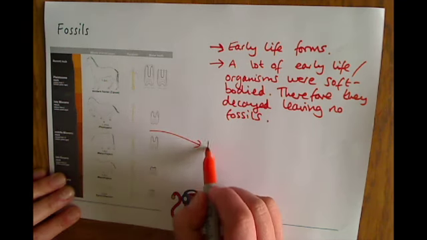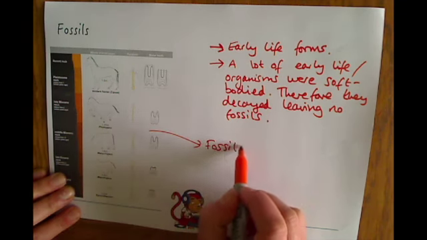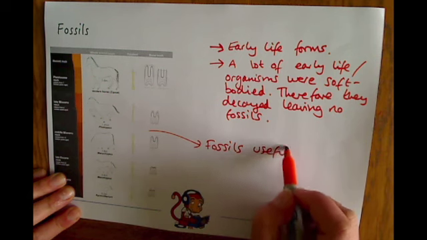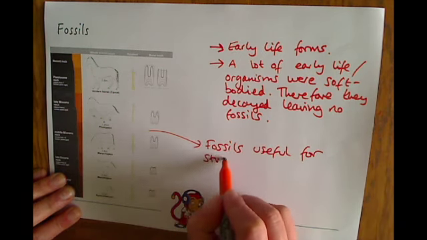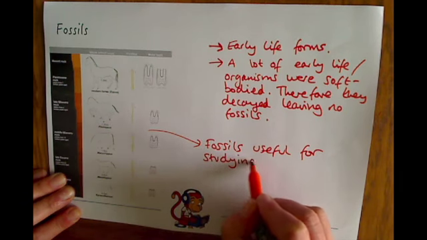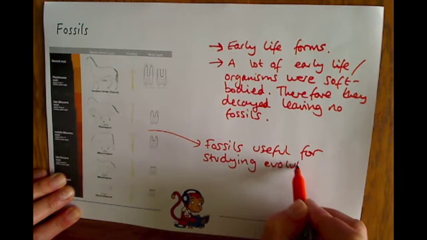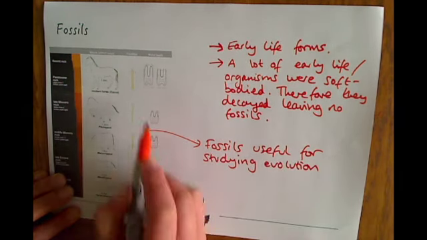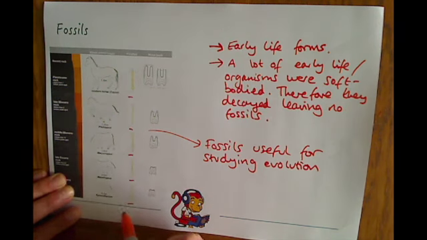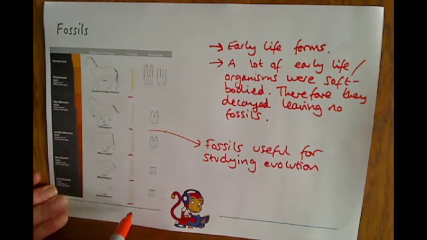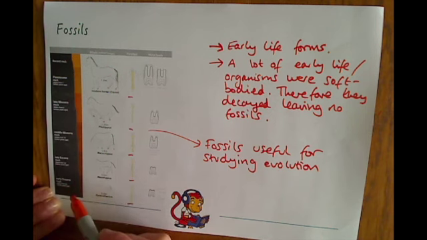So fossils are useful for studying the evolution of animals. For example, here there are several different structures of bones which have been discovered from horses, and you can see how the horse has evolved over millions and millions of years.